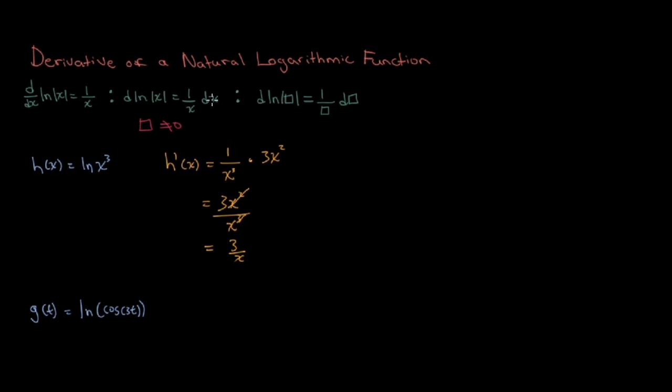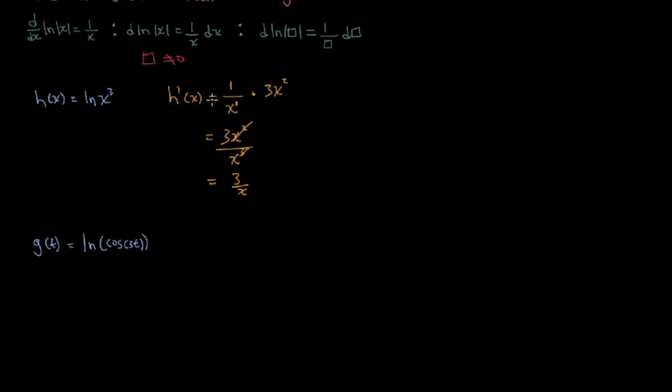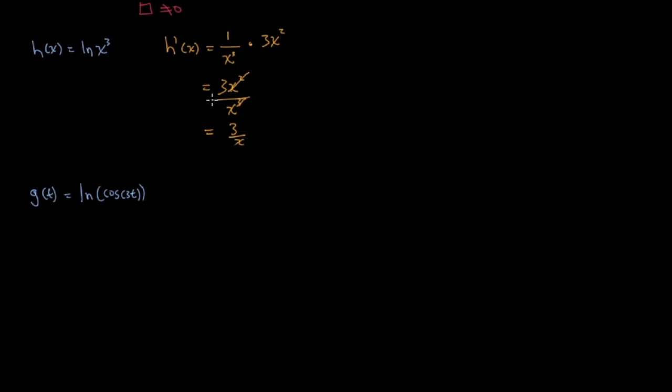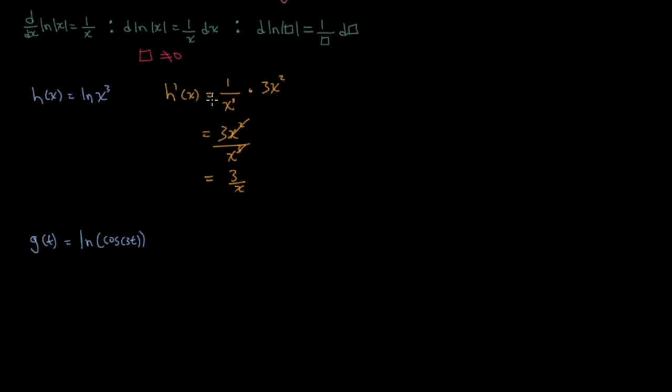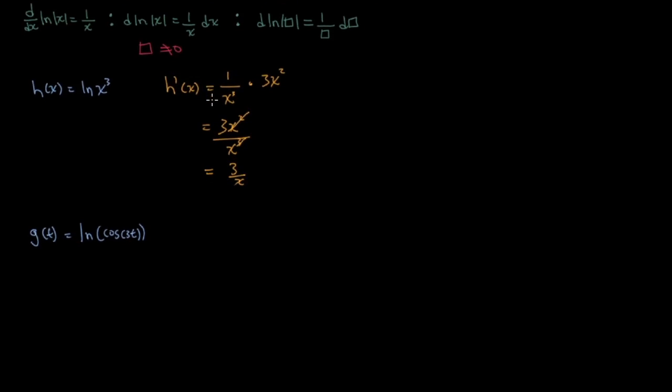I'm going to scroll down, create some more space here. I believe that's visible still. So a slightly more tricky example, but again, it's not too bad at all. What we're doing again is the exact same thing. We're going to go 1 over whatever's in this term here, times the derivative of whatever is in this term.